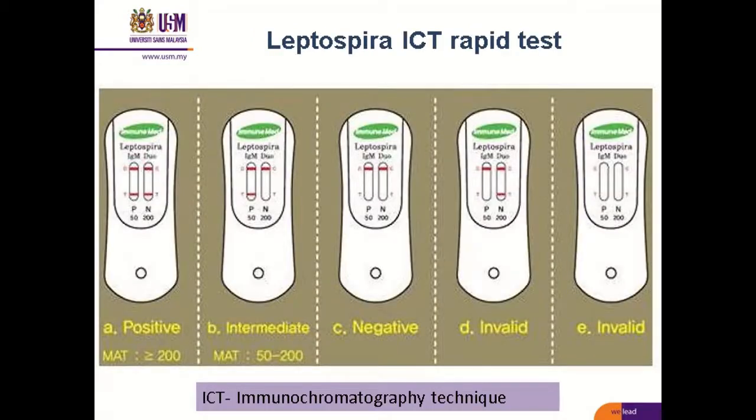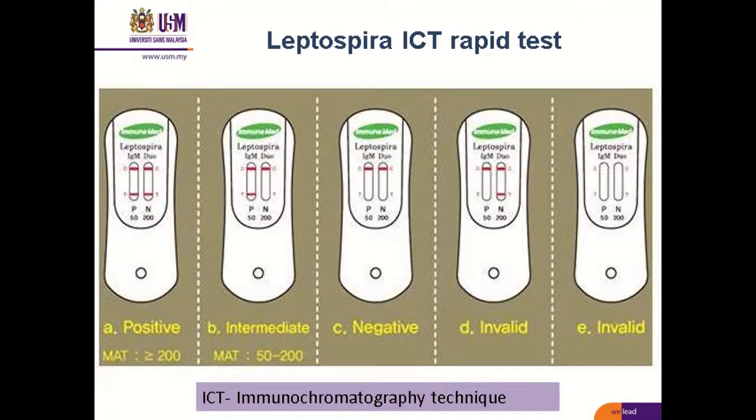For leptospira, we can use the immunochromatography test. We can detect the antibody towards the leptospira to diagnose leptospirosis. For all these tests, before we can interpret whether it's positive or negative, we need to make sure that the sample is valid.